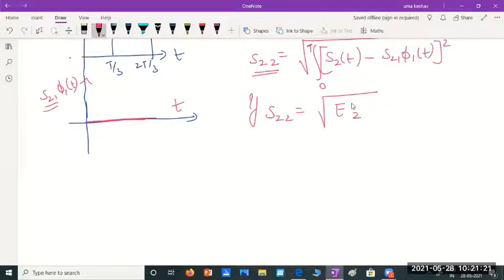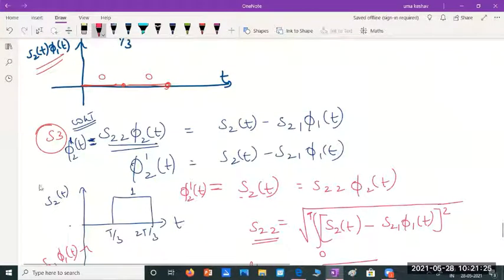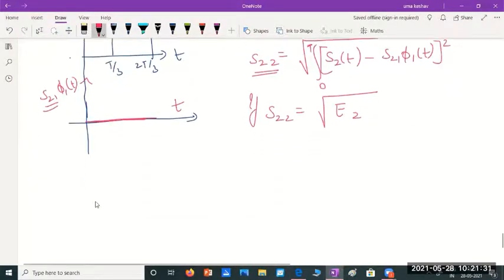What did we call this signal? We called it phi2 dash. So the root of energy under the signal phi2 dash, I can say E2 or root of E under phi2 dash. Both are the same.